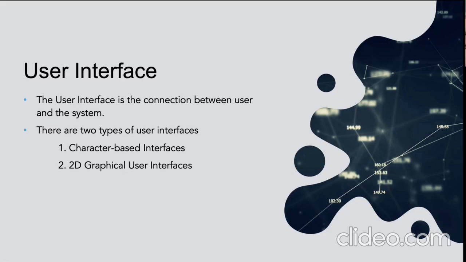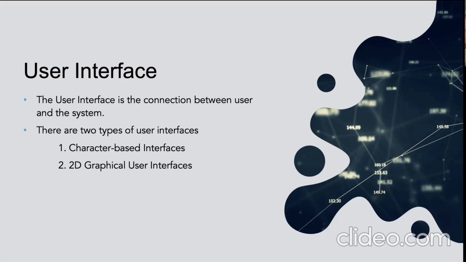In a character based interface, the interactions occur through text characters. Users communicate with the computer by typing commands, or selecting options that are present in text. This is basically found in command line environments, and so on.